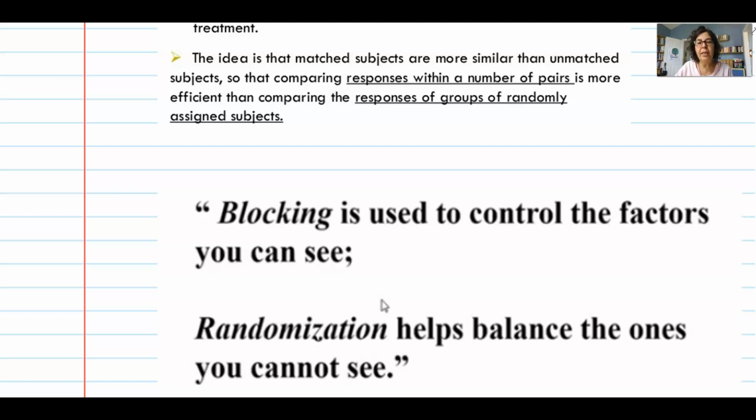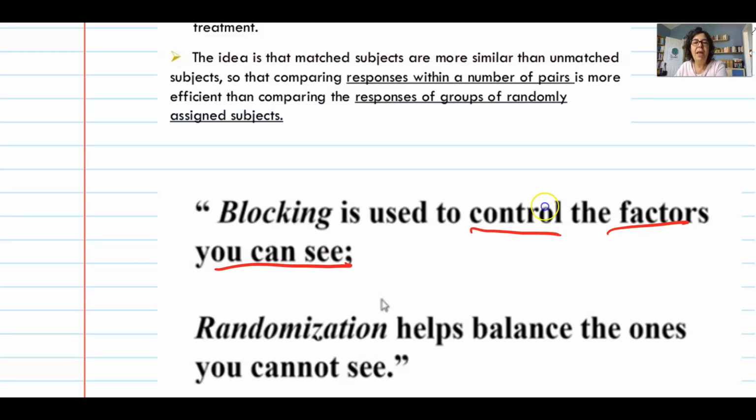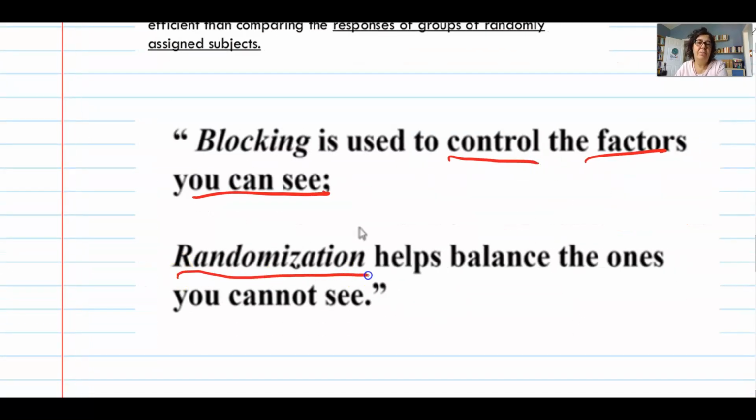So blocking is something where you want to control the factors that you can see, like gender, age, grade level, or socioeconomic status. However, random is just to help with the ones that you can't see.